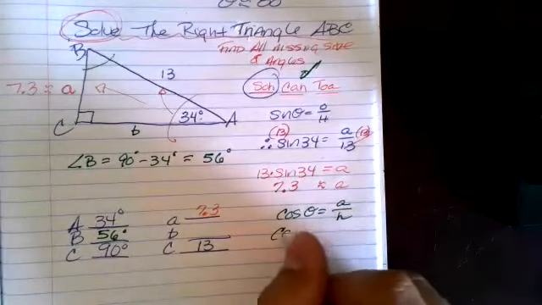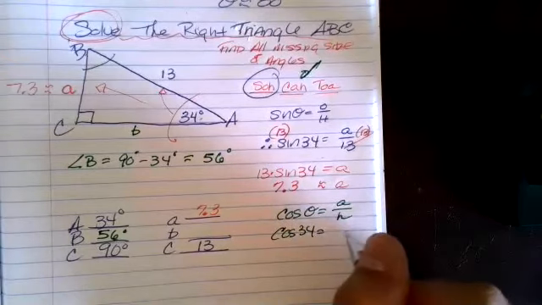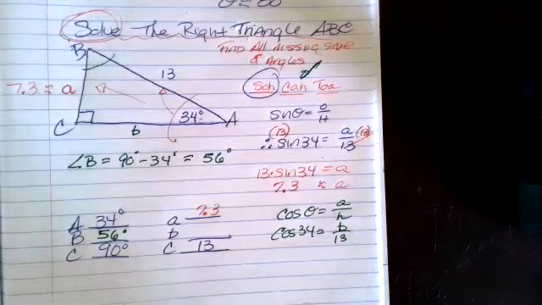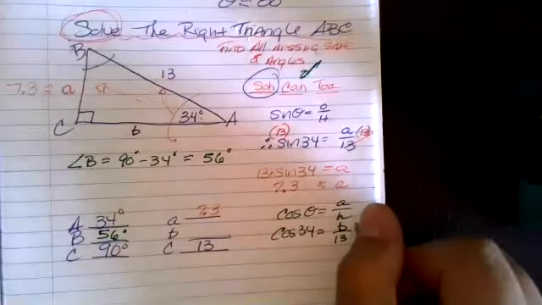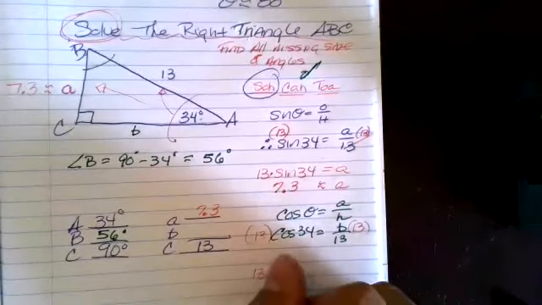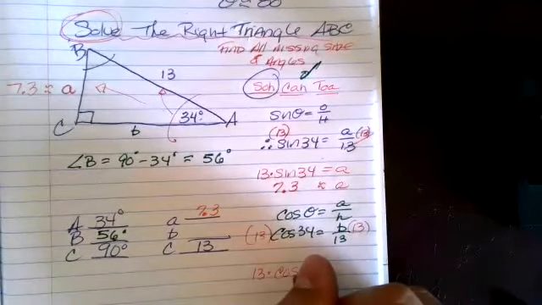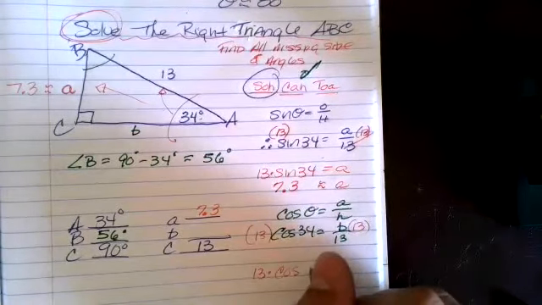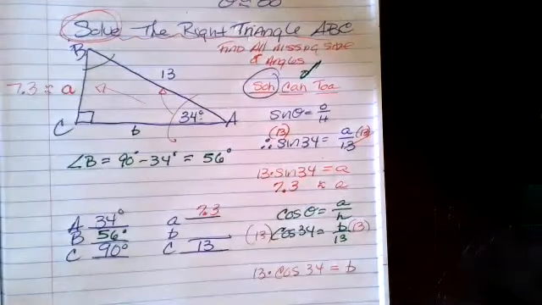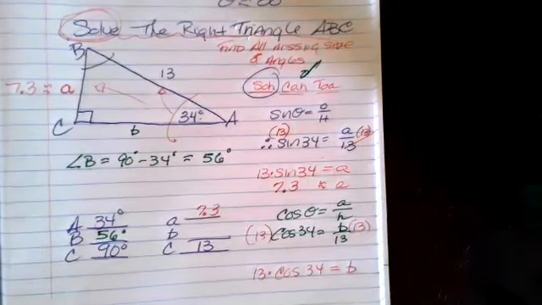So I could say cosine of 34 degrees is equal to B over 13. And then I could multiply both sides by 13. And just like before on my calculator, I'm going to do 13 cosine 34 is equal to B. And then I'm going to find the approximation.